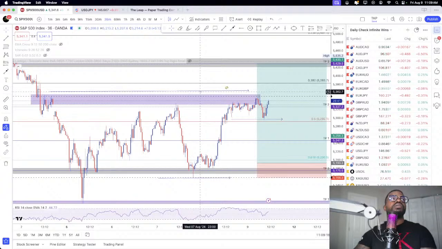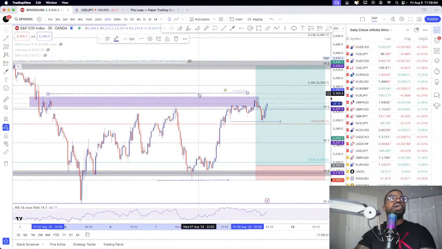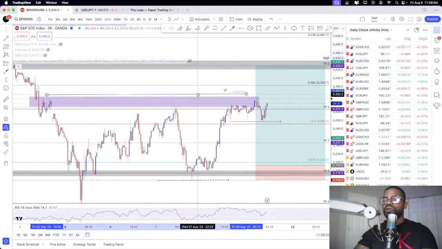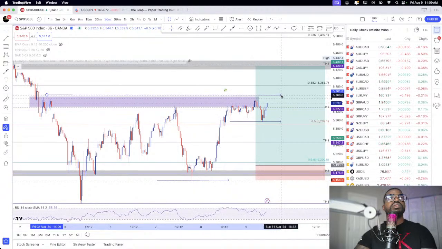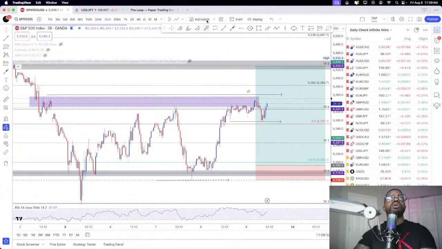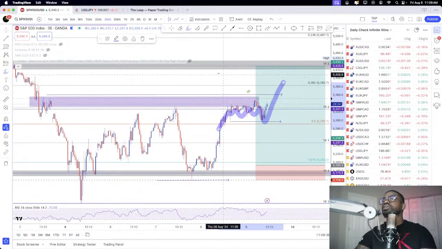Okay, so now we got a money battle. We got a lot of liquidity above this area here. And it looks like we may have a possible bull flag forming.